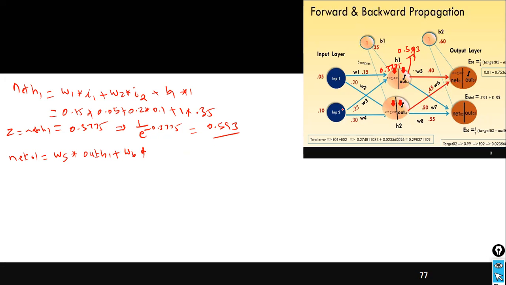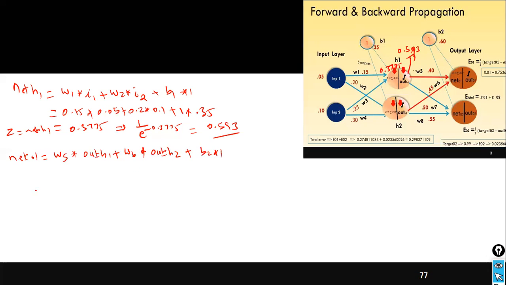Plus B2 into 1, because this bias is for your output layer.